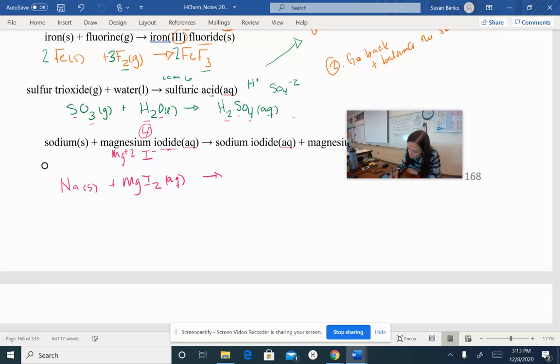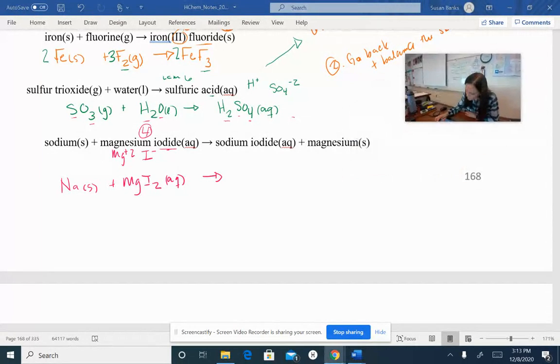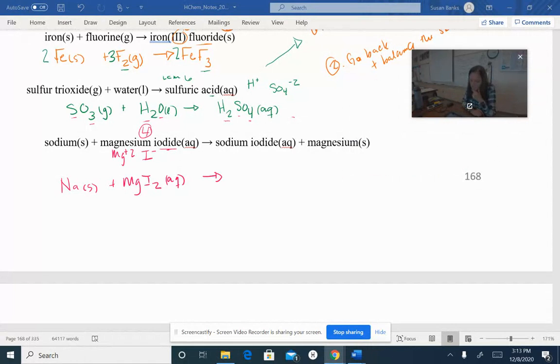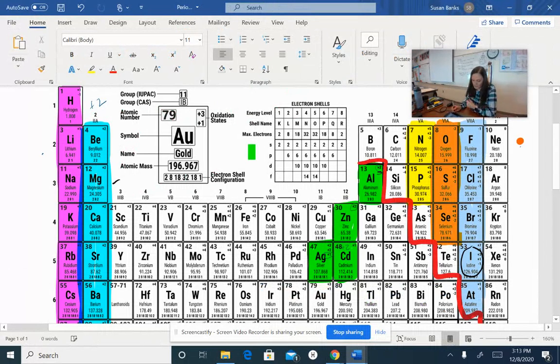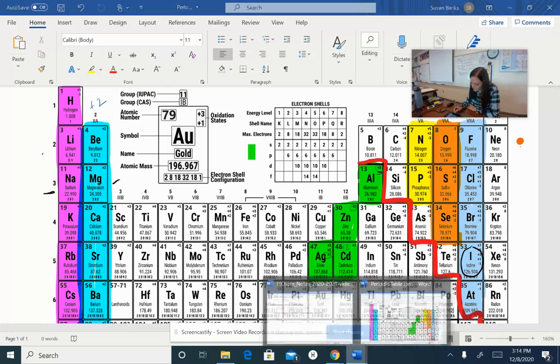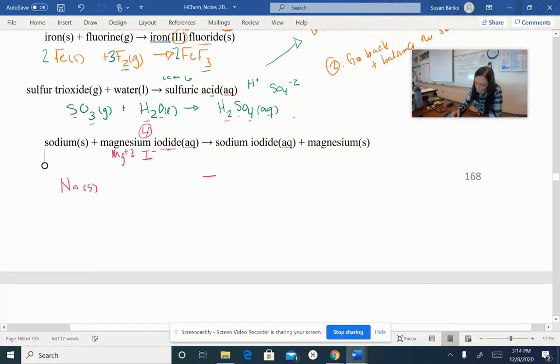And then it goes to make sodium. Sodium didn't have a charge on the reactant side, so let's look and see what charge sodium acquires. Sodium is a positive 1, and iodine, when we look at it, is a -1.